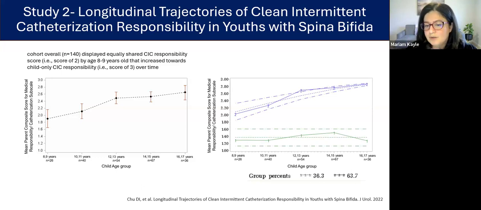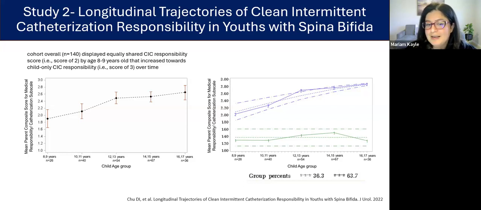That was about a third of the sample, the green group, about 36% of the sample. Most of the patients, however, started with shared responsibility at age 8 and 9, and over time they slowly increased their independence in doing catheterization.